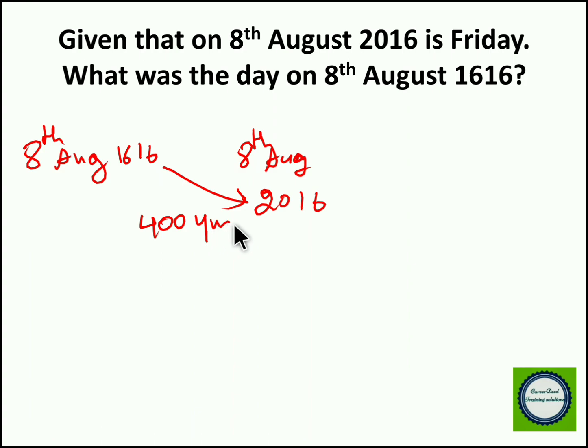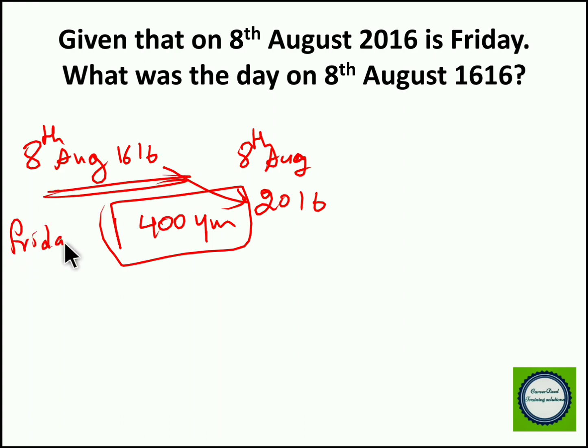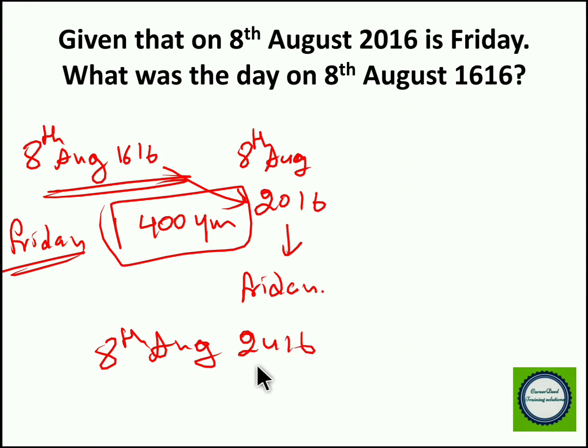So 400 years is the gap. For every 400 years, the same day will repeat. So if 8th August 1616 is Friday, again 8th August 2016 will be Friday, and then 8th August 2416 will also be Friday. In this way, for every 400 years, the same day will repeat. So it is actually a trick. You can keep this in mind to solve this type of question in less than 5 seconds.